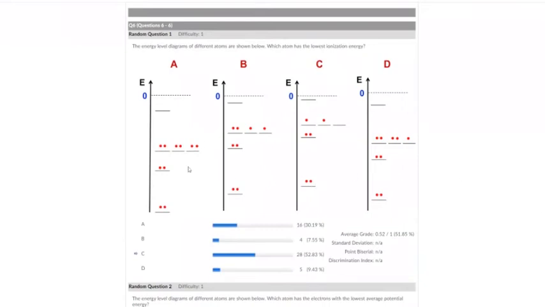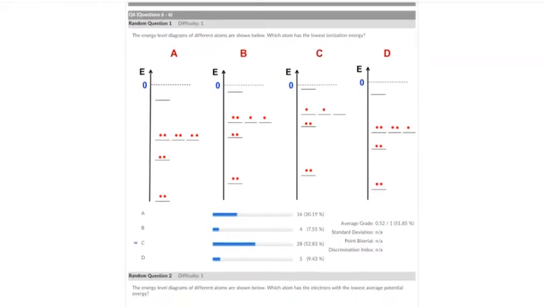The question is, the energy level diagrams of different atoms are shown below. Which atom has the lowest ionization energy? Now this is very similar to the photoelectron spectrum again. So we have the lowest energy, like the potential energy, right?